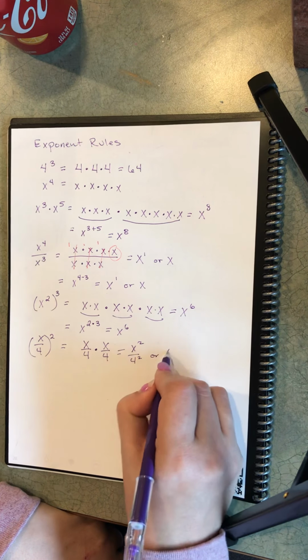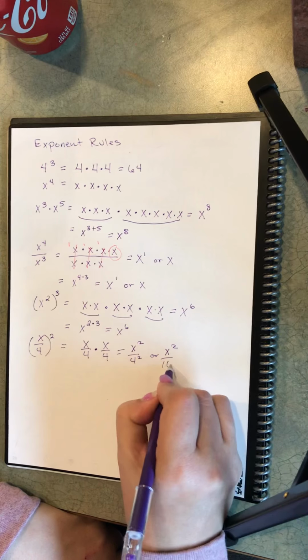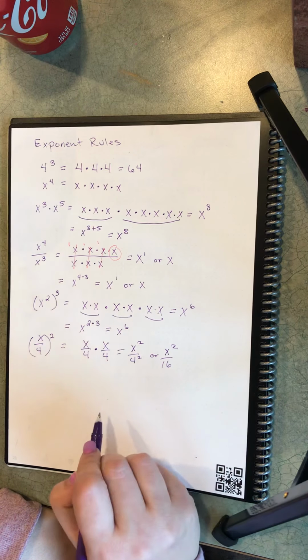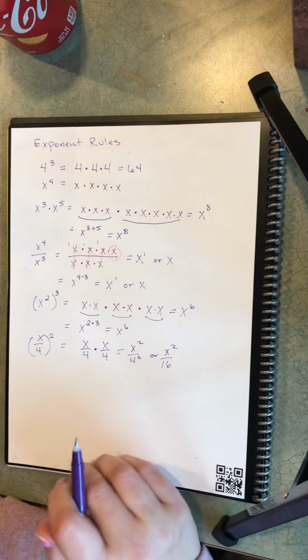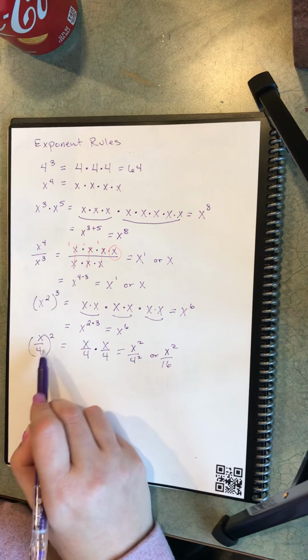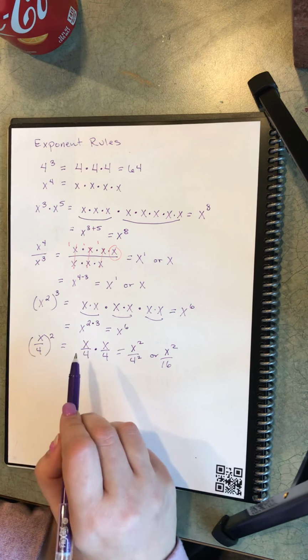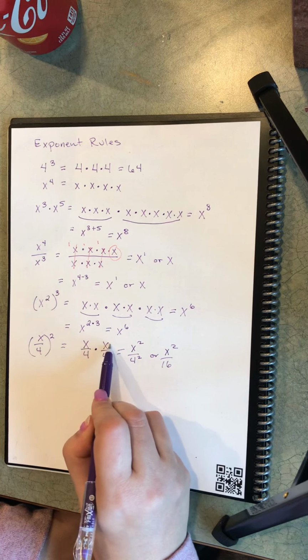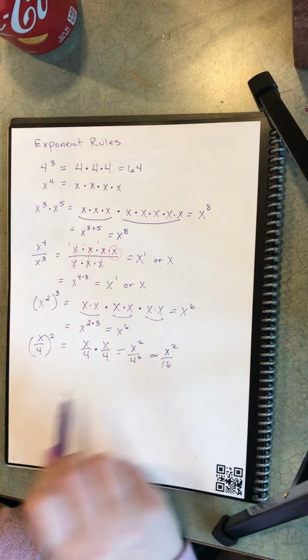Or you could write that x squared over 16. For my class, I'd accept either one of those, but different teachers have different preferences. So here, we're just taking this whole thing and literally multiplying it. Remember, when we multiply fractions, we just multiply straight across the top and straight across the bottom.